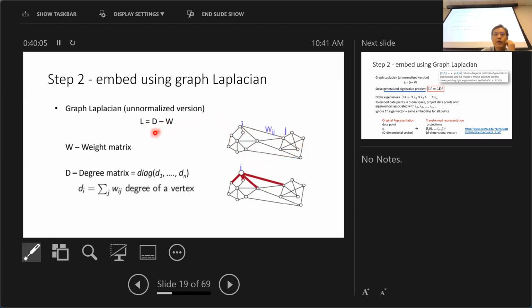All right, so these two matrices are both square matrices. D depends on how many nodes, how many data points, are in your data set, so D will be n by n. L is also n by n. So these are two square matrices.